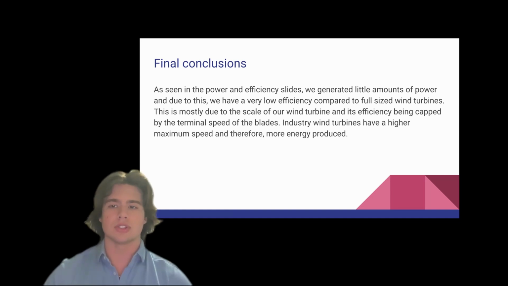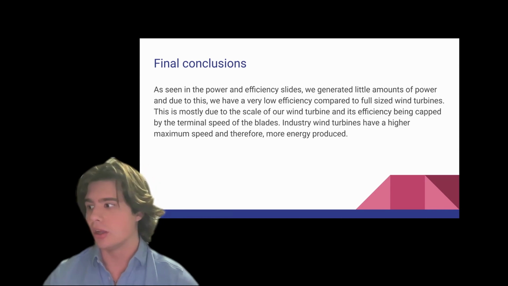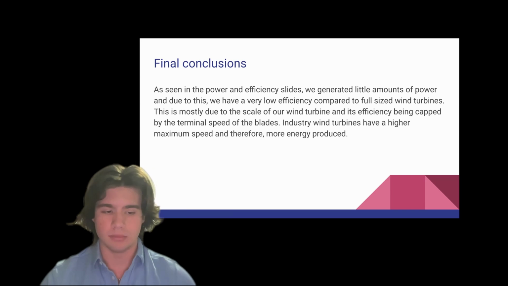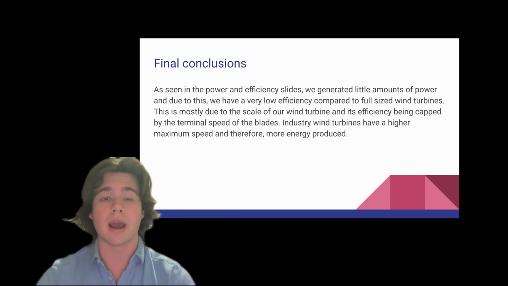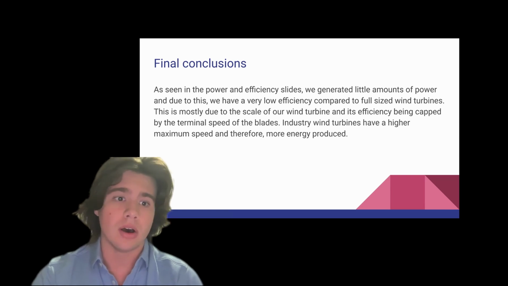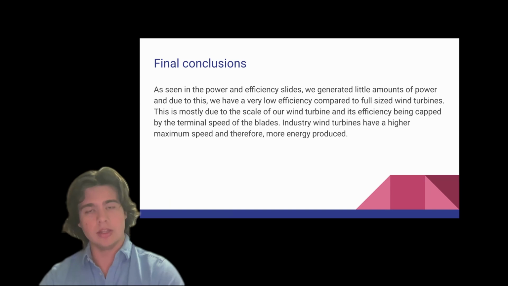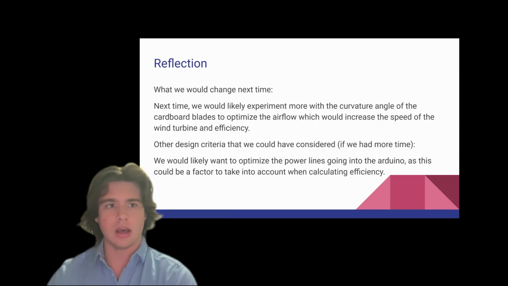Of course, ours is just a smaller scale version, meant to teach us how they really work. Out in the field, they will be way bigger and produce much more power. All in all, our wind turbine was a great way to see it on a smaller scale that we can actually put our hands on.